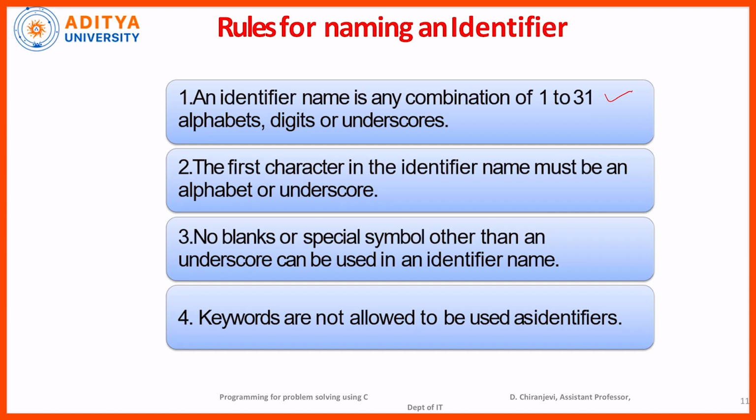The first character of an identifier must start with an underscore or an alphabet, but should not start with a number. Blank spaces are not allowed in identifier naming, and you cannot use any other special symbol in identifier naming. Keywords are also not allowed in identifier naming. I will discuss these keywords in upcoming lectures.